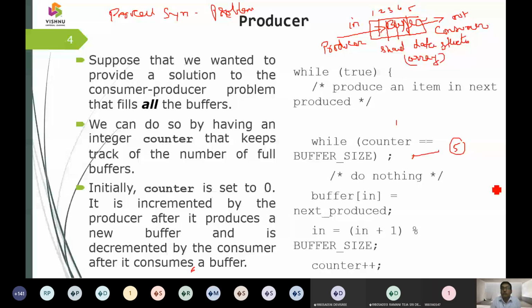So we are going to have the buffer as an item, tied to an index. Buffer is the name of an array here, and this is called a shared variable. One by one, items are going to be moved into the buffer, tied up with the index value, and it increments up to the maximum size.